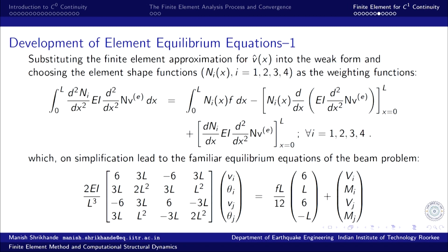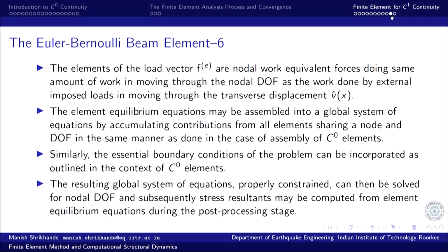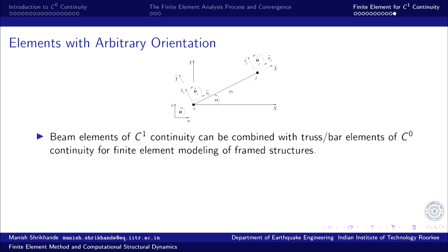Now, in the same way as we did for the case of truss problem, these need to be transformed. These are the local frames of reference, x bar, y bar. So, the equations are derived in terms of x bar, y bar frame of reference for each element, and these equations need to be transformed to the x y frame of reference, that is the global common frame of reference, before the element level equations are assembled into the global system of equations.